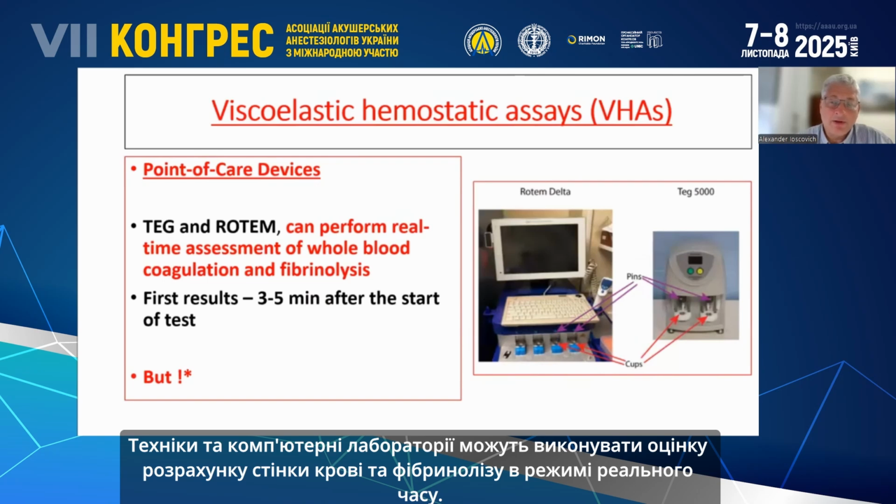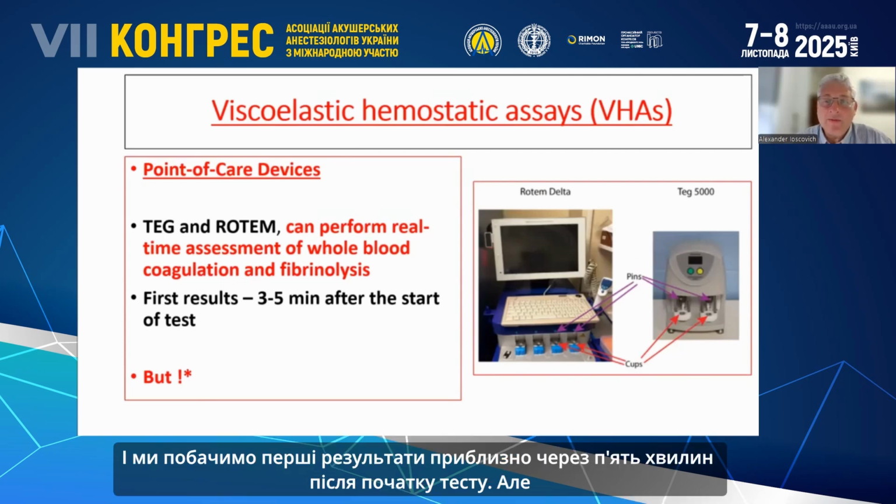TEG and ROTEM can perform real-time assessment of whole blood coagulation and fibrinolysis. And we will see the first results something around 5 minutes after the start of the test.